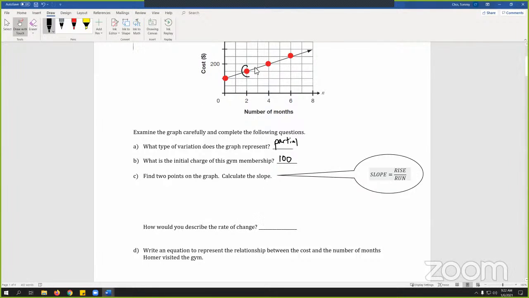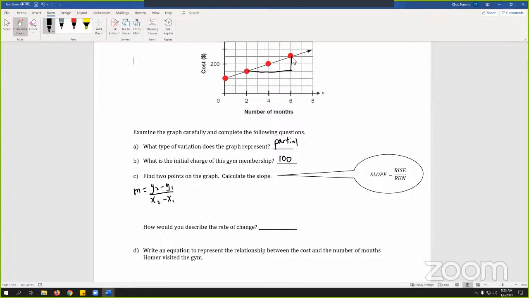So let's say I pick this one and this one here. Depending on how you did it, it doesn't really matter. You should still get the same result. If you did the rise over run method, if you have a grid and a graph, you can create a triangle. You can calculate slope that way, or you can use the slope equation. It really depends on how you want to do it.